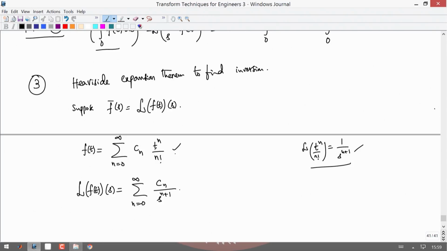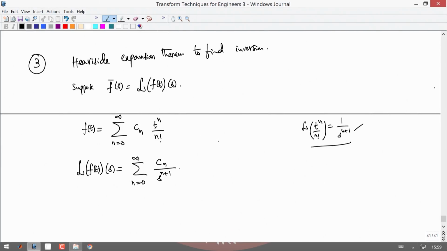If this function is of exponential order, and this is a series, that means it is an elementary function, then you can find its Laplace transform. So, what is its Laplace transform? Once you have a Maclaurin series, this is a well defined function, and you have the integral from 0 to infinity of f of t e power minus st dt.